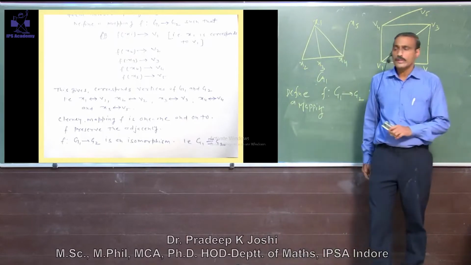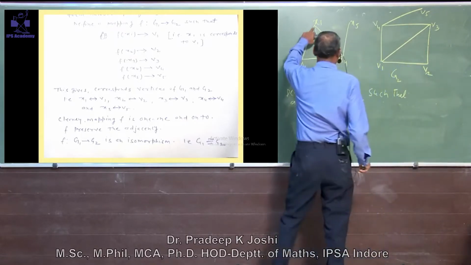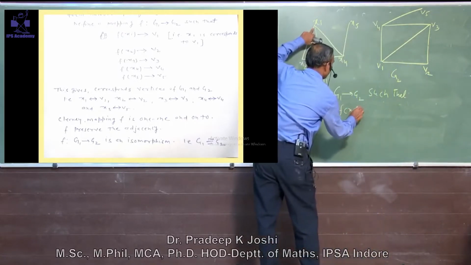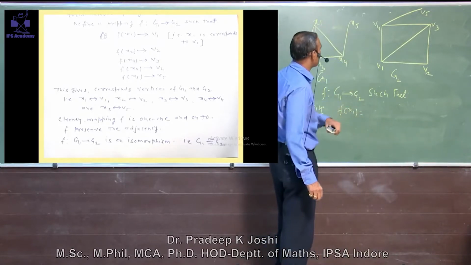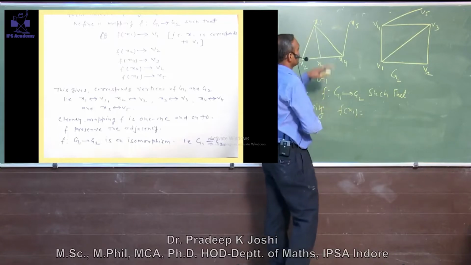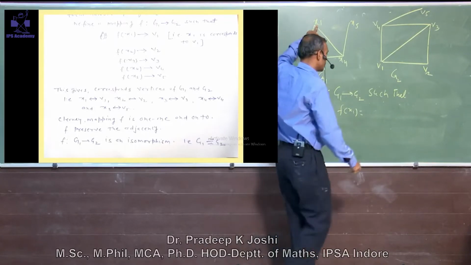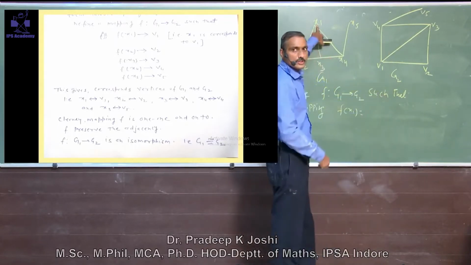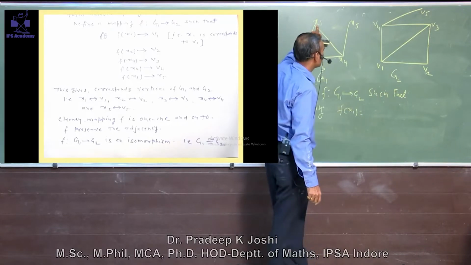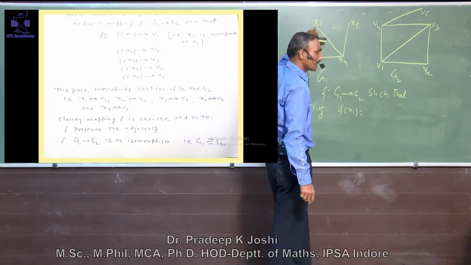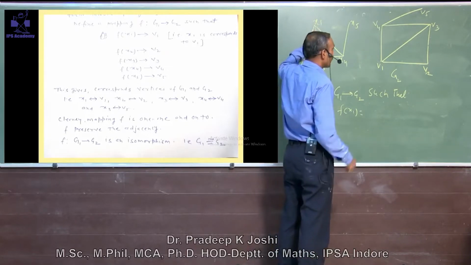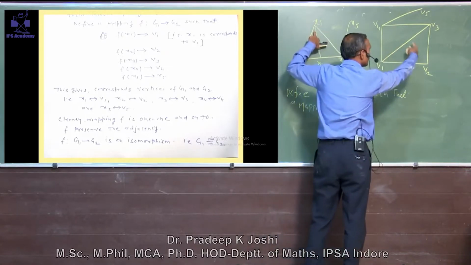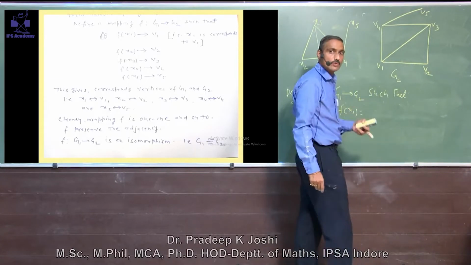consider f of x1, the image of x1. We have to find the corresponding vertices of x1 in G1 and G2. Here x1 is a vertex having degree 3. Now we have to search for a similar vertex in graph G2 which has degree 3.